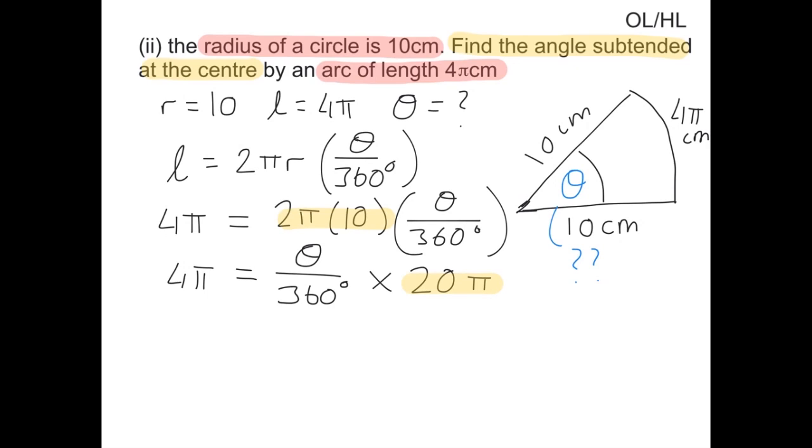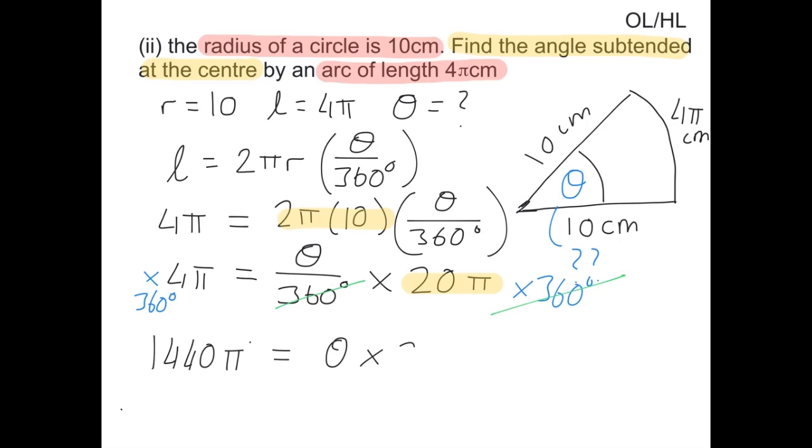So now we want to get theta on its own, so we're going to have to multiply both sides by 360 degrees first. So now our 360 degrees cancels on the right hand side, and we're left with 1440 pi on the left is equal to theta times 20 pi on the right.